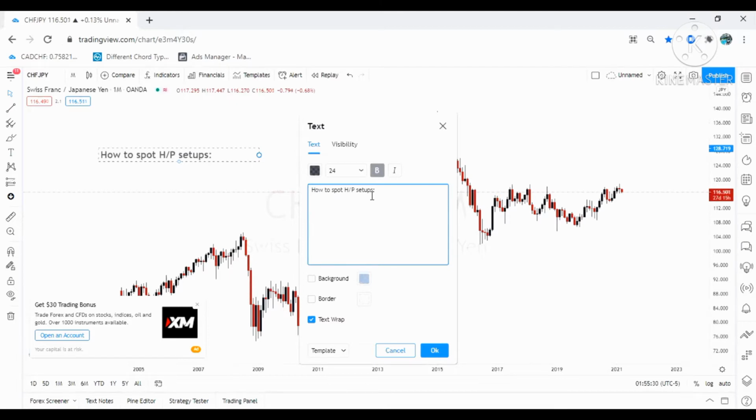And this is a continuation from the videos that I've posted in the past few weeks. So we talked about identifying key levels.